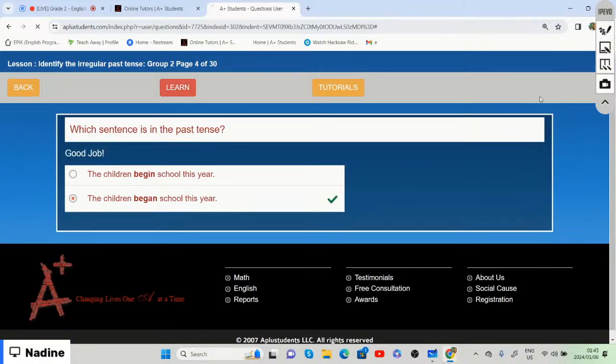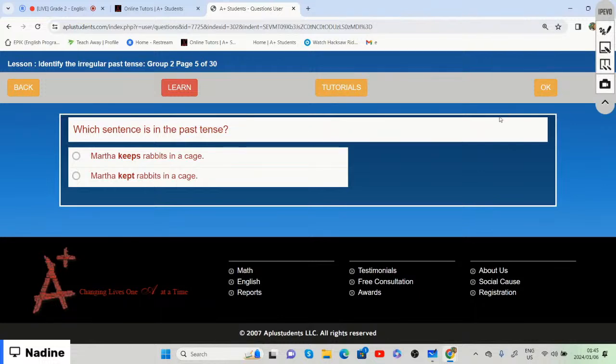All right. So we can now say which sentence is in the past tense. Martha keeps rabbits in a cage, or Martha kept rabbits in a cage. So either keeps or kept.